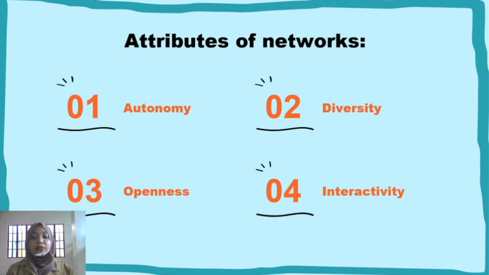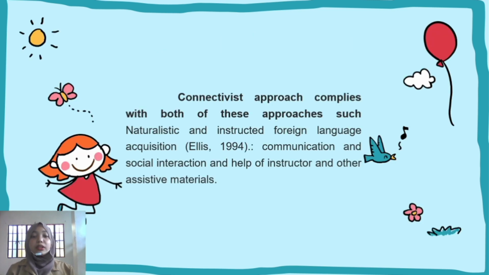Now, next, interactivity. So, of course, having networks, individuals involved in that network should be interactive or should have the interaction with each other because, yun nga, connectivism is through interaction mangyayari ang learning. Now, connectivism approaches complies with both of these approaches, such as naturalistic and instructed foreign language acquisition.